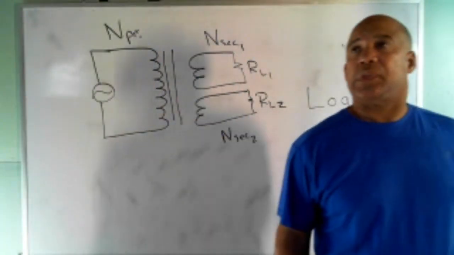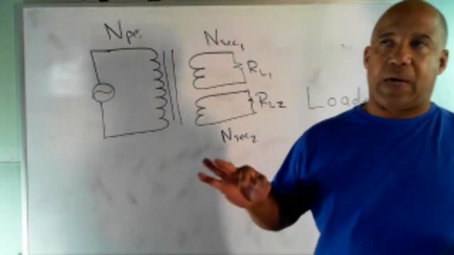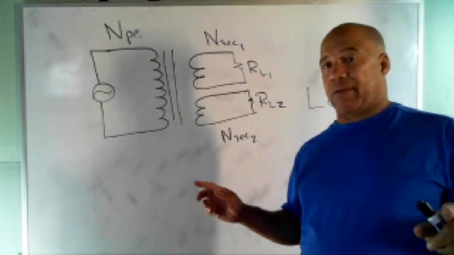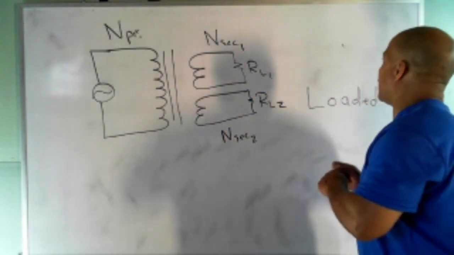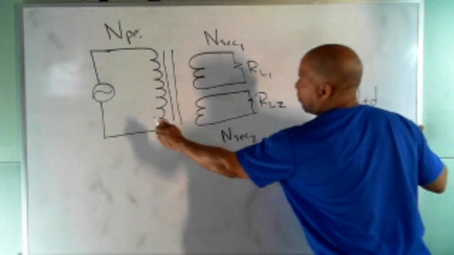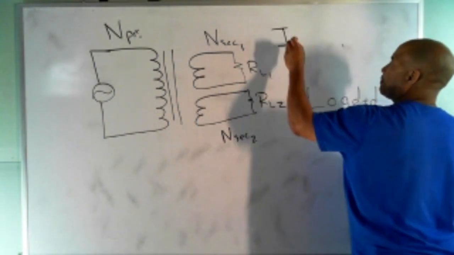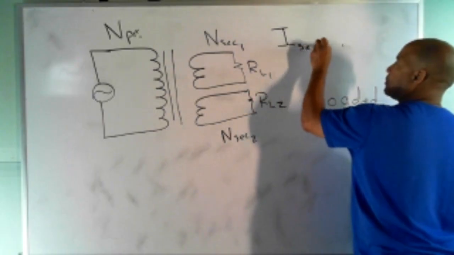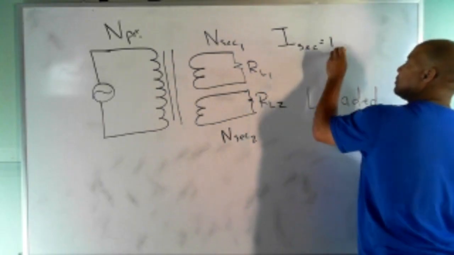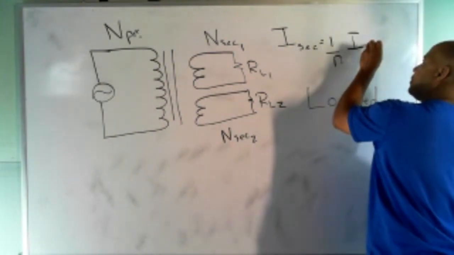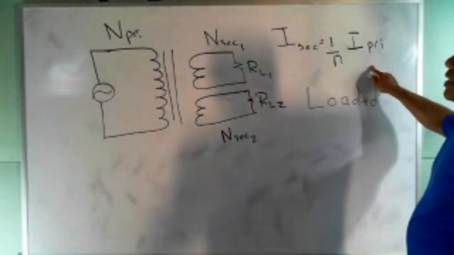Now, there is one small thing here. Remember I told you that when you find current in the primary, you can use this.